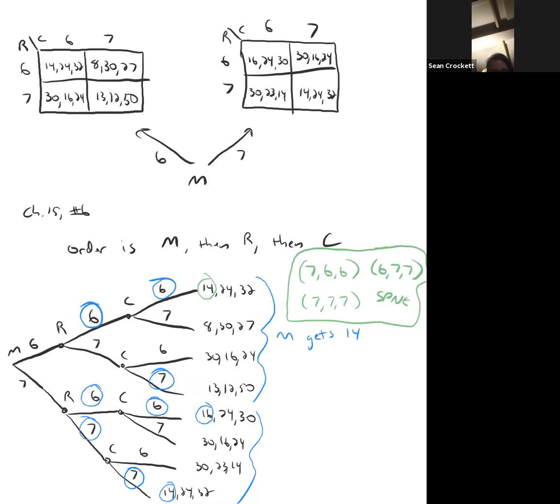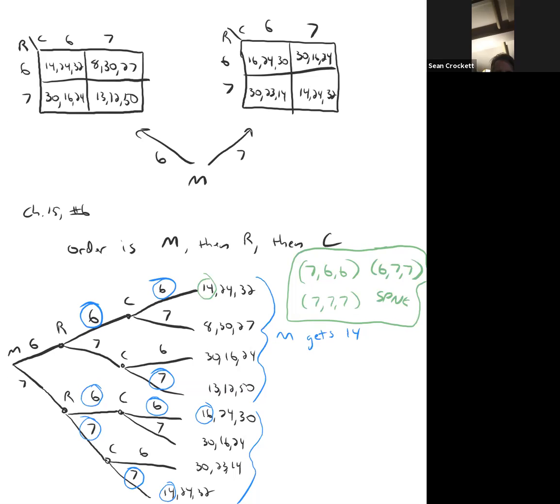And then there's another equilibrium where player R in the bottom is mixing between 6 and 7. That's going to induce a mixture between player 1 choosing 6 or 7, but that mixture is definitely going to give player M a higher payoff than choosing 6 above.